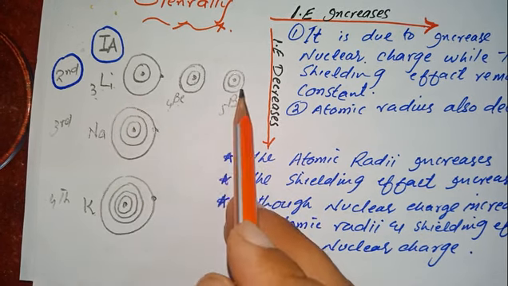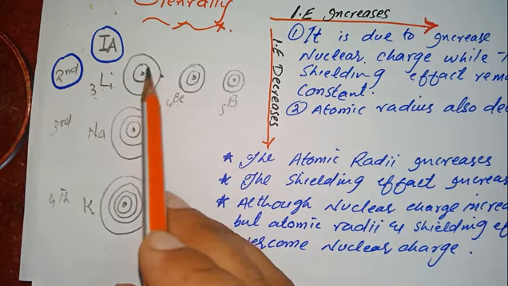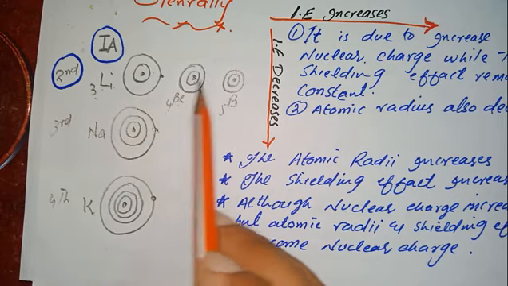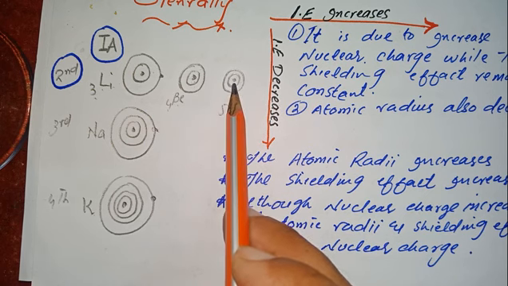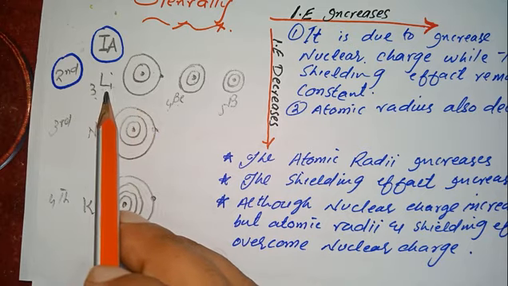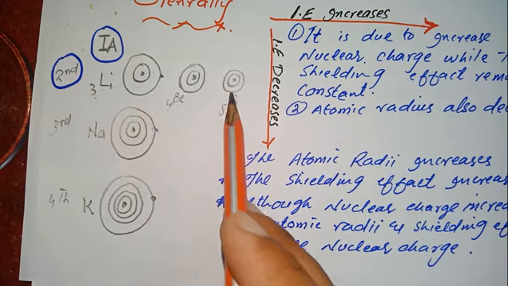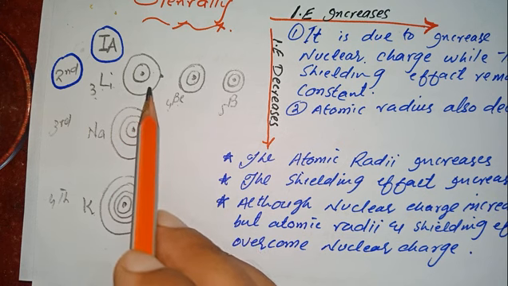So from left to right, the number of protons gradually increases. The number of shells remains constant, and the size of the atom also decreases. So smaller atomic radii and greater nuclear charge will make the ionization energy increase. So from left to right, we say that the ionization energy of the element goes on increasing.